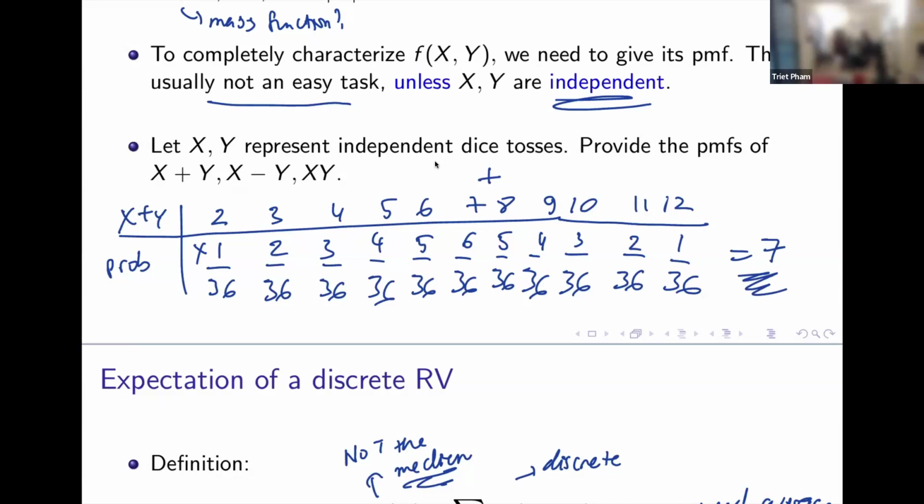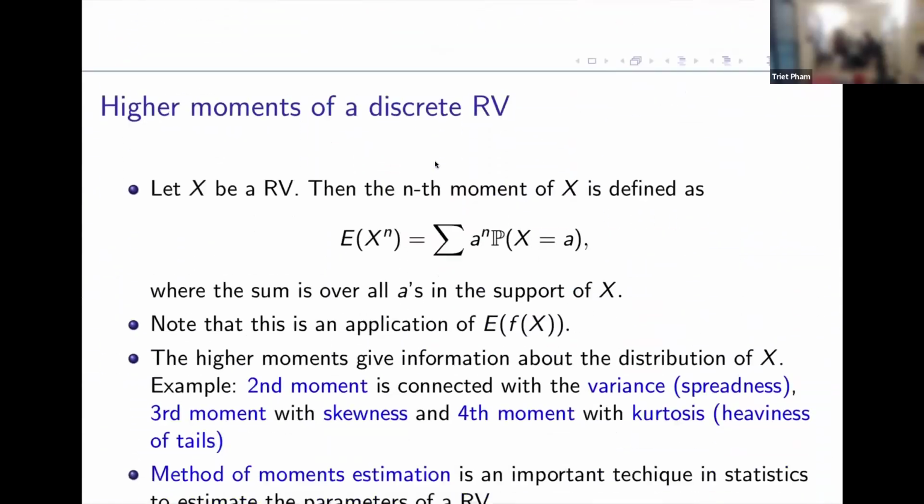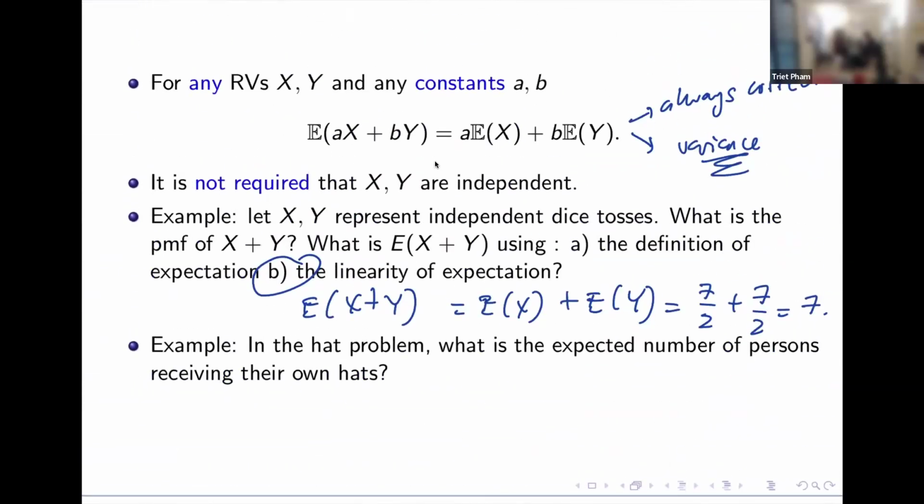And again, I hope you appreciate the economy of the calculation here. And even cooler, like I said, we did not even care that X and Y are independent. It's always true. And we'll see that with the hat problem. We'll look at that next time.